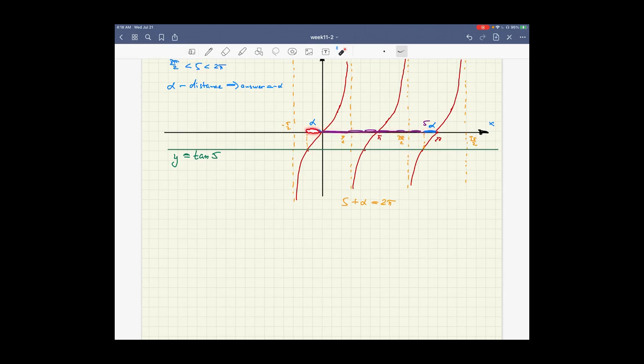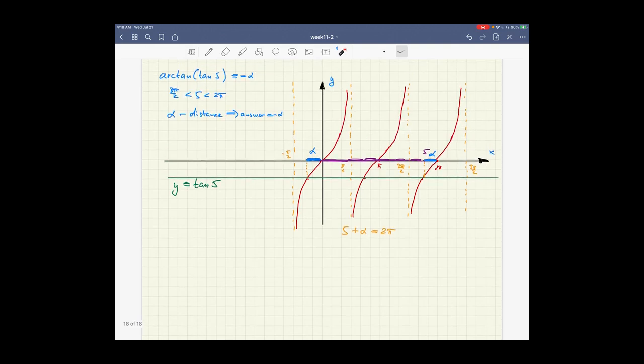The reason why this is alpha and this is alpha is by symmetry. This curve and this curve are exactly identical. And therefore, from here, alpha equals 2 pi minus 5, and therefore negative alpha is 5 minus 2 pi.